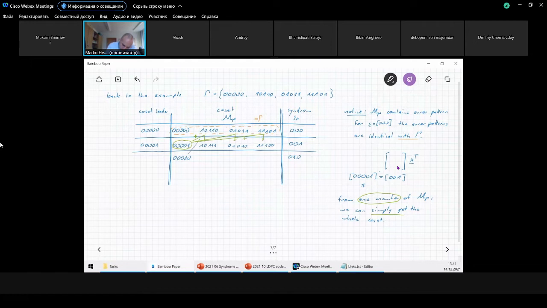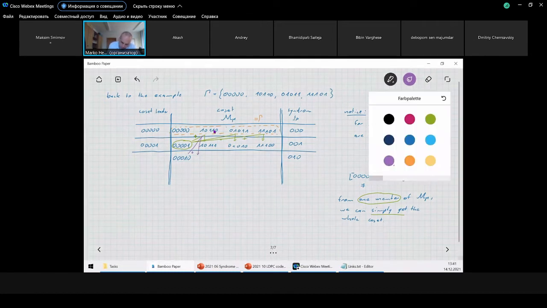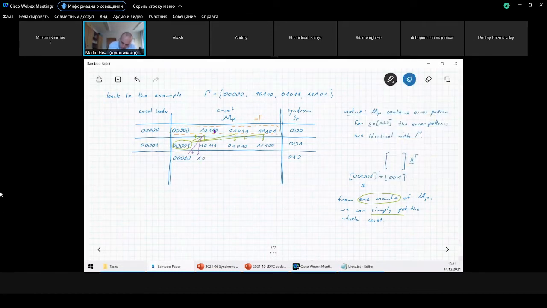If I add it with this one, you see the fourth bit being flipped. So then this one will be 1 0 1 0 0, 0 1 0 0 1, 1 1 1 1 1. And again, selecting the coset leader, and so on.